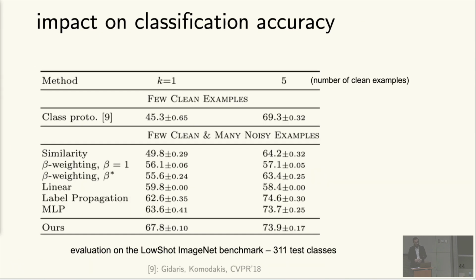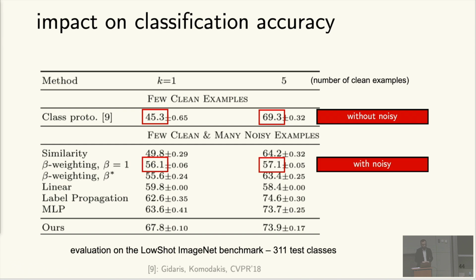Now just briefly looking at some results when we have only 1 or 5 clean images. Initially, we see the performance that is obtained just by training on the clean images. Then a reasonable baseline approach is to include all the noisy images and treat them as clean as well, which indeed improves in the extreme case of having just 1 clean image, but not when we have more.